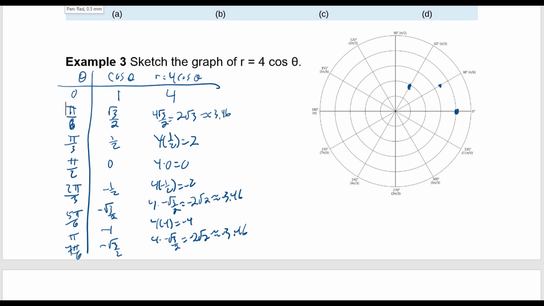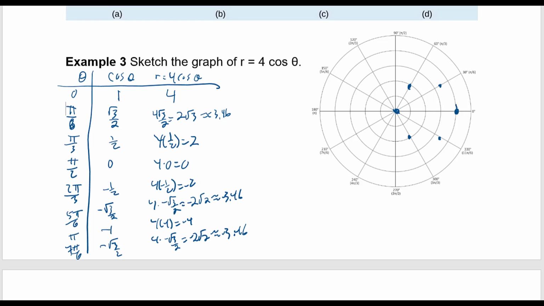And then at pi over 2, we're at 0. Then at 2 pi over 3, we're at a negative, so we're down this way at negative 2. Then for 5 pi over 6, we're at negative 3.46, so right about there. And then we're back to negative 4.